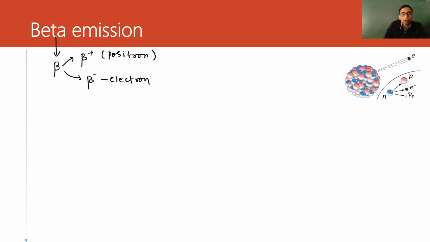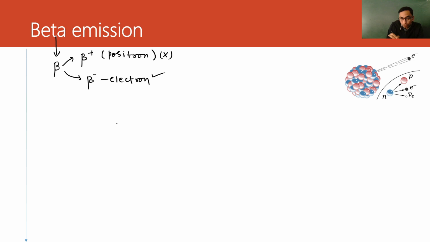Positrons are particles having charge opposite to that of the electron, and they have the same mass as the electron. But we are not going to discuss the emission of positrons here. In grade 10 we always discuss beta minus emission.